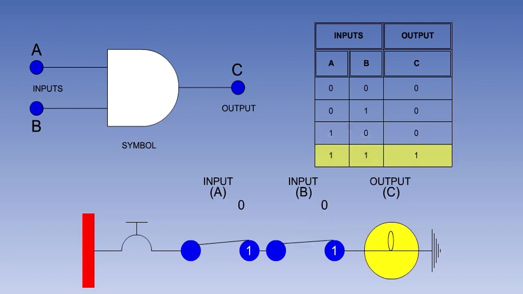Only when both switches are closed will the bulb illuminate, indicating an output in binary terms of 1. Because all inputs to this gate need to be binary 1 to produce an output of binary 1, this gate is sometimes referred to as the all or nothing gate.